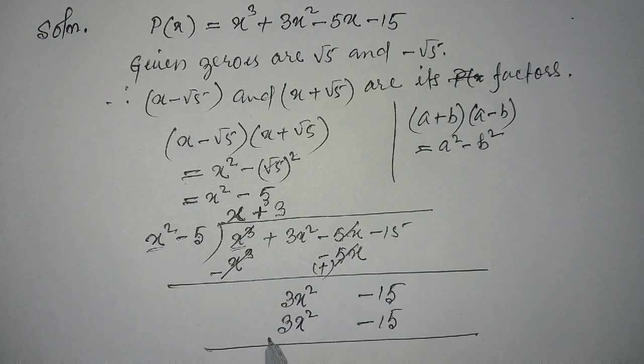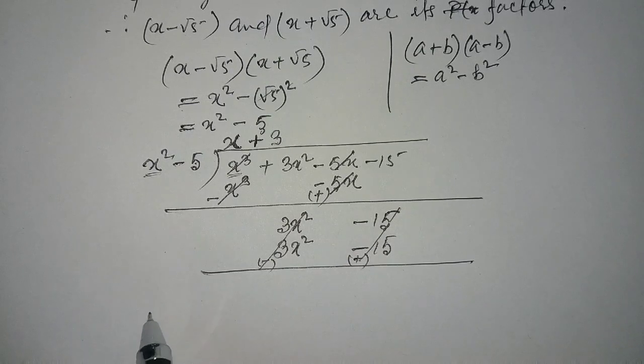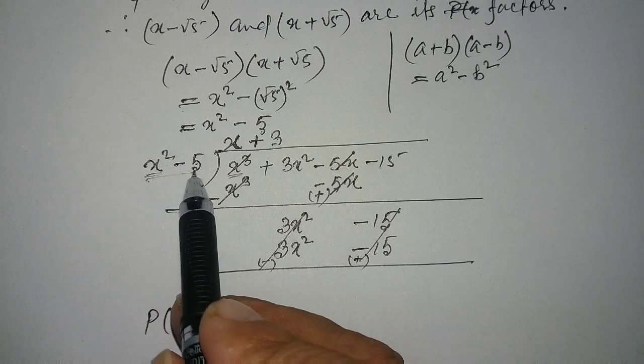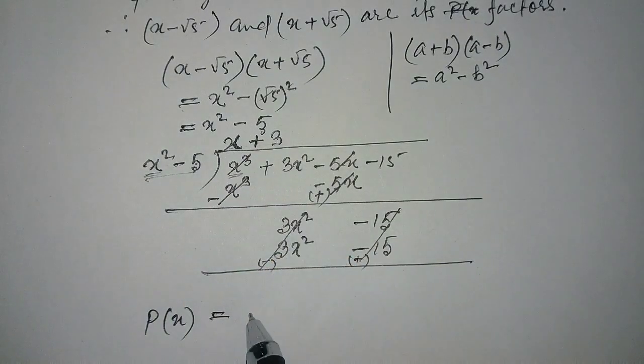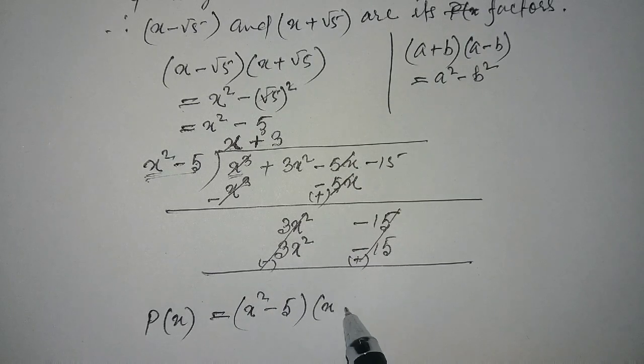This is plus, so it will be taken as minus, and this is minus, so it will be taken as plus. Now we get 0. So finally our polynomial can be written as x square minus 5 into x plus 3.